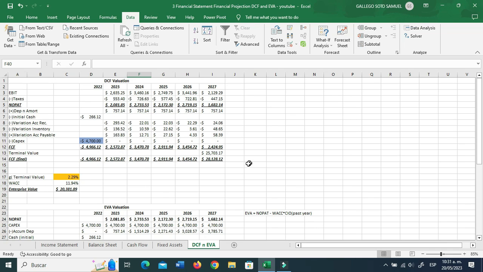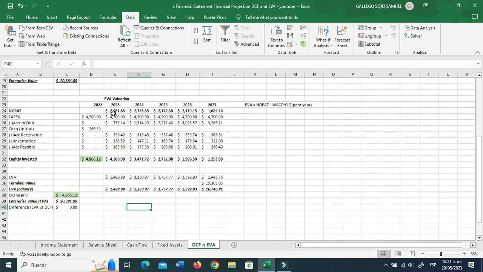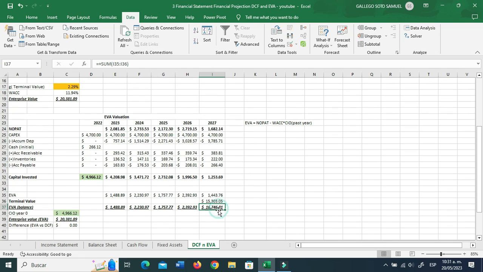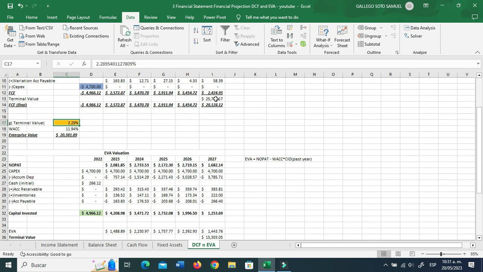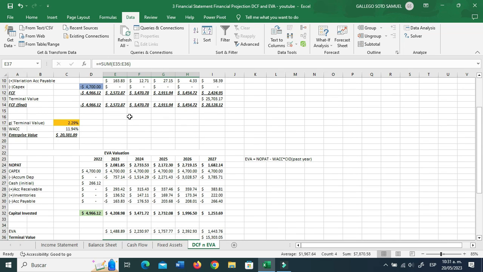Just to remind you, this is what you have to leave in the company, the extra money that you have to leave there in order to be able to generate this free cash flow. And this one is what the company is providing, as opposed to what you could get somewhere else by investing a certain amount of money given a discount rate.